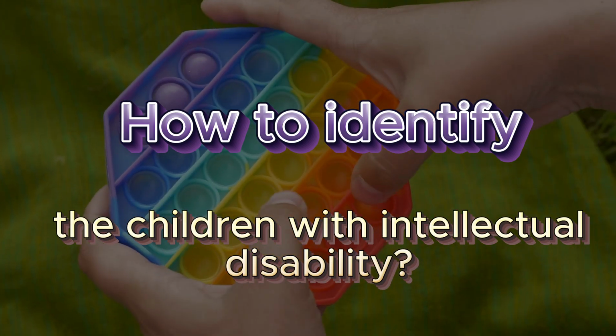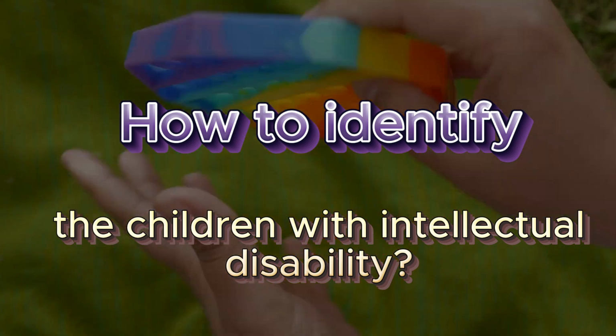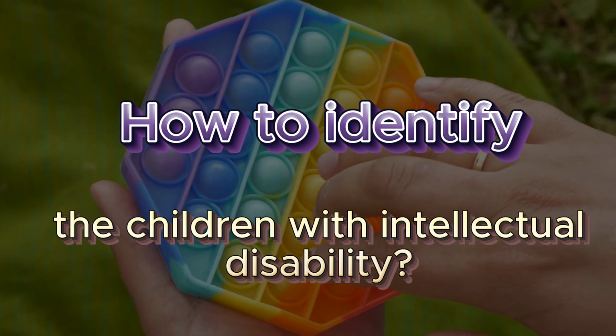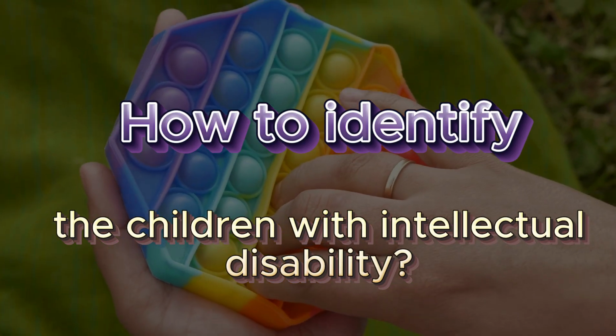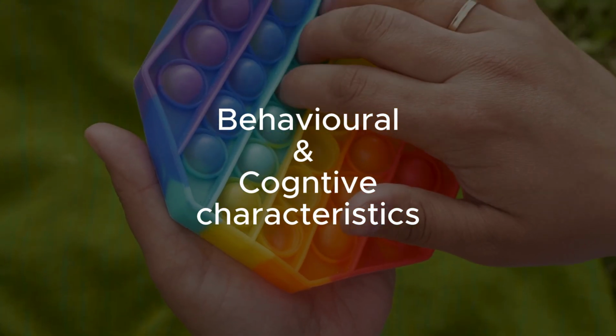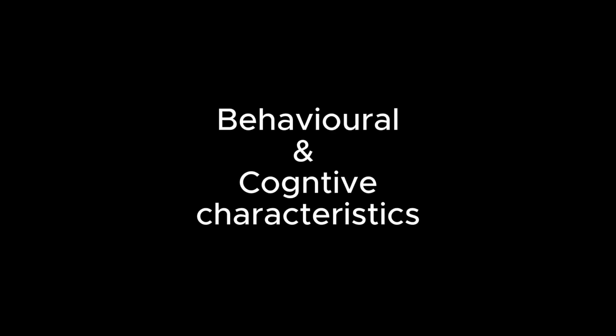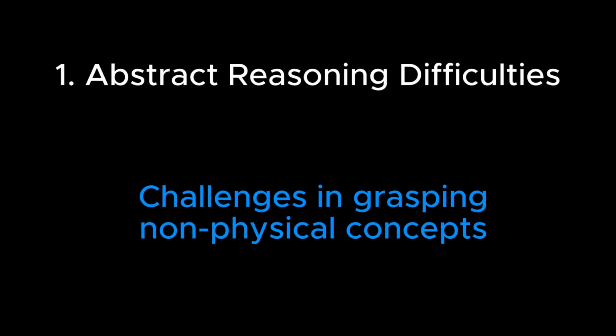How to identify the children with intellectual disability in the classroom. To identify and support students in the classroom, special educators look for distinct behavioral and cognitive characteristics, each highlighting a specific area of learning need. 1. Abstract reasoning difficulties. These result in challenges in grasping non-physical concepts, symbolism, or metaphorical language, requiring concrete, tangible learning objects. 2.